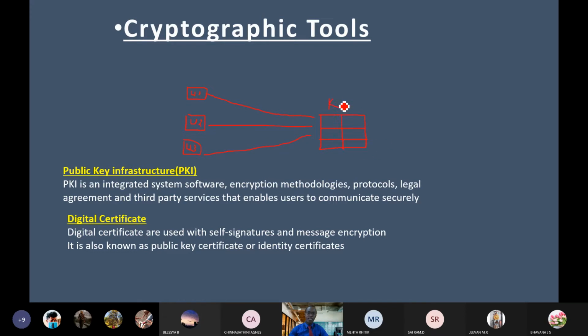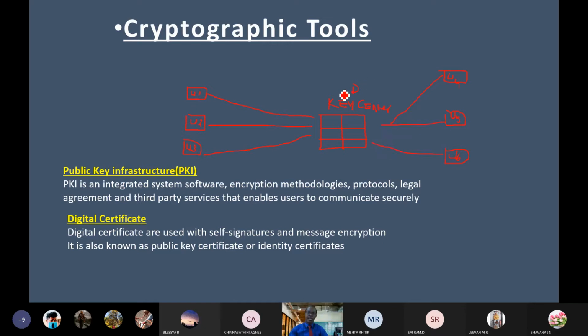This is a key distribution center, KDC. Another set of receivers may be on this side: user 4, user 5, user 6. All of them register themselves here.